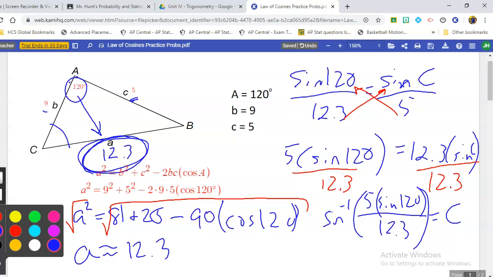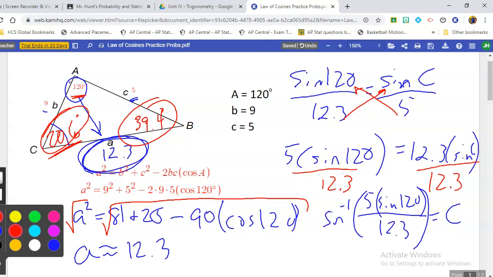So that tells you what angle C is, and you will find that angle C is actually a smaller angle. It's 20.6 degrees, and when you take this angle and that angle and add them together, that's 140.6, so that leaves over 39.4 degrees for angle B, and that's using the angle sum theorem.